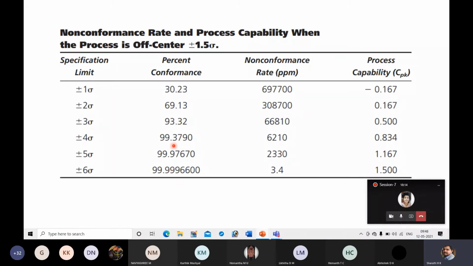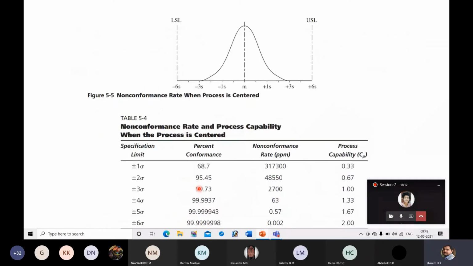Finally, what you can observe is, you can compare with this. When the process is centered like this, that means most of the components are manufactured to the target value. That is the meaning of a centered process.